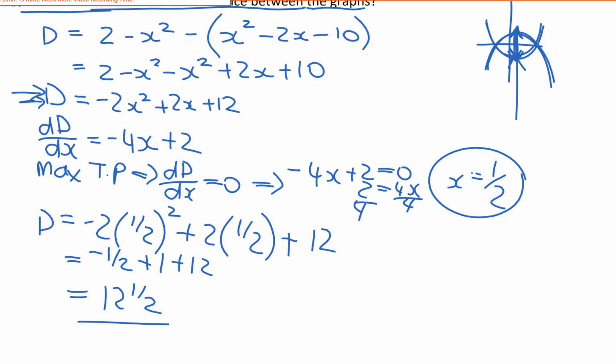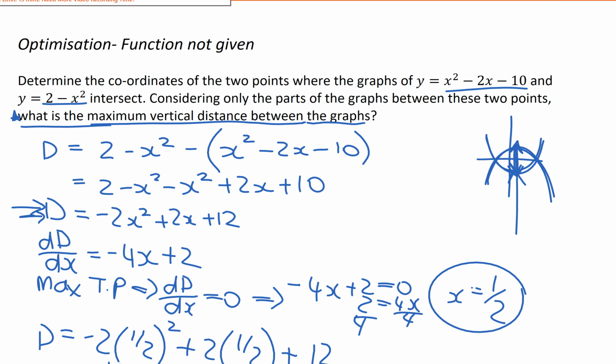Now, find the coordinates where the two graphs meet. Why do you need to find that out? So what we've done is we've found the greatest vertical distance. Because of the way we've done it, we haven't had to find the other two parts.